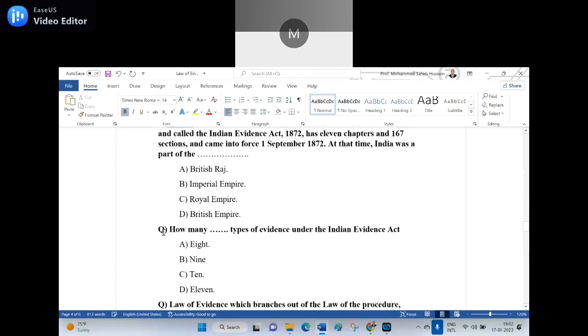11th question. How many dash types of evidence under the Indian Evidence Act? A, 8, B, 9, C, 10, D, 11.